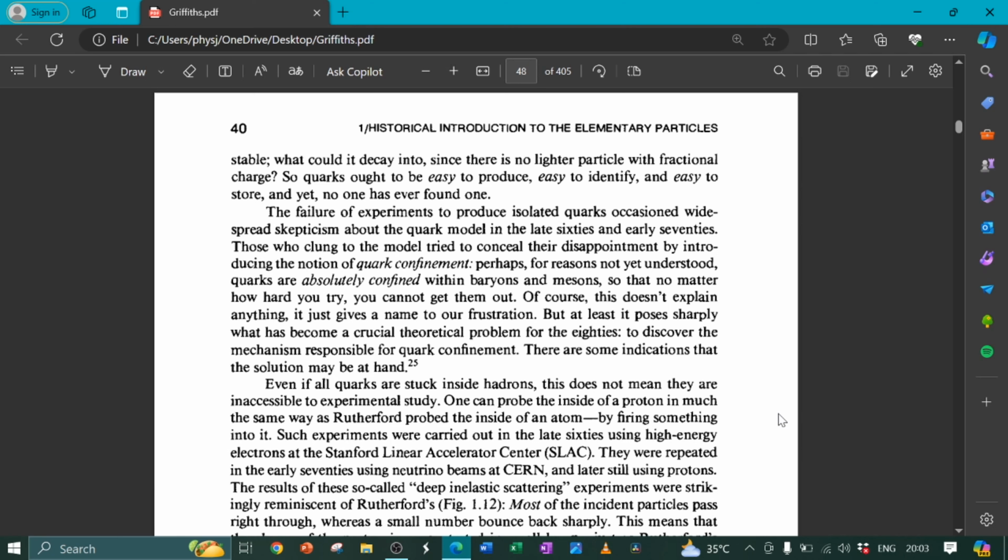Of course, this doesn't explain anything, it just gives a name to our frustration. But at least it poses sharply what has become a crucial theoretical problem for the 80s: to discover the mechanism responsible for quark confinement. There are some indications that the solution may be at hand.